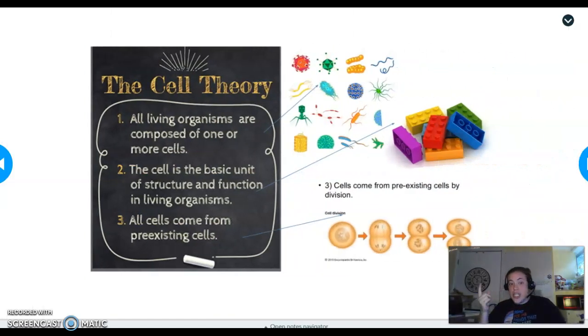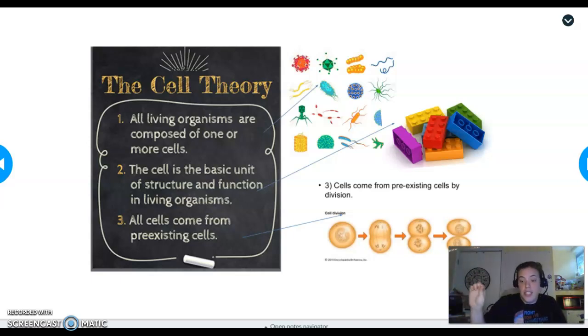We just said all living things are made of cells. Cells are the basic unit of life, just like an atom makes up non-living things, cells make up living things. But lastly, we talked about how all cells come from pre-existing cells. These cells already existed, so my skin cannot just create a cell.